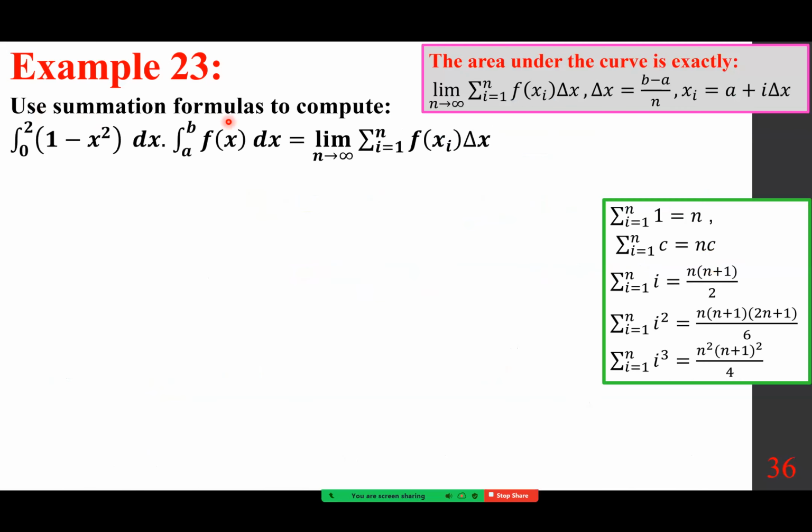Use summation formulas to compute the integral from 0 to 2 of 1 minus x squared dx. And we remember that the integral of a to b f of x dx is this limit. Now, using the limit, as we did with differentiation, that's the start, everybody.